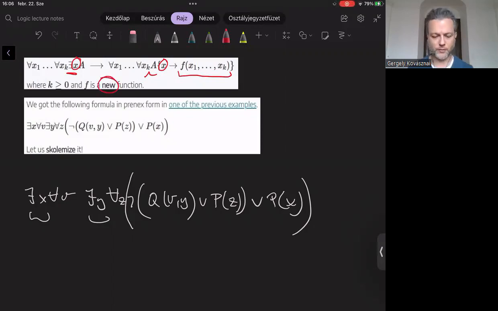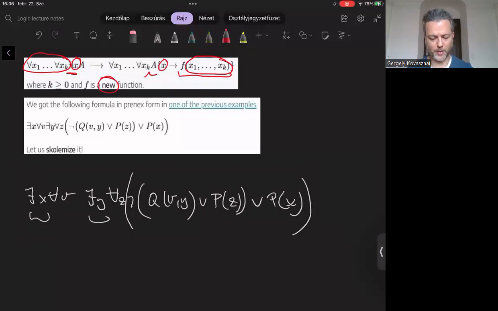We have to introduce it as a brand new function. What is also important is the parameterization. As you can see, the parameters for this function are coming from the preceding universal quantifiers. Okay, so this is the general rule.